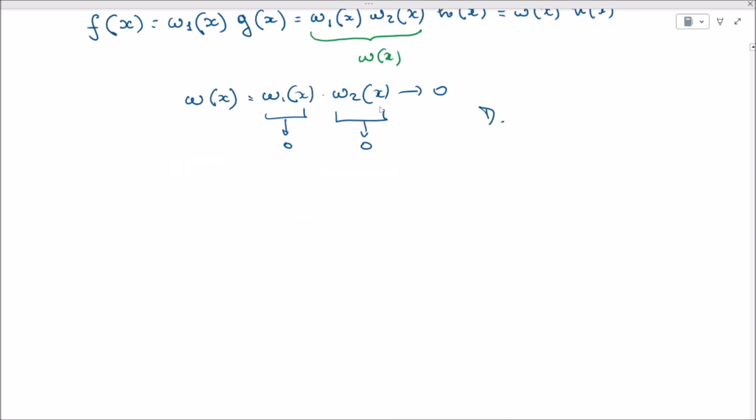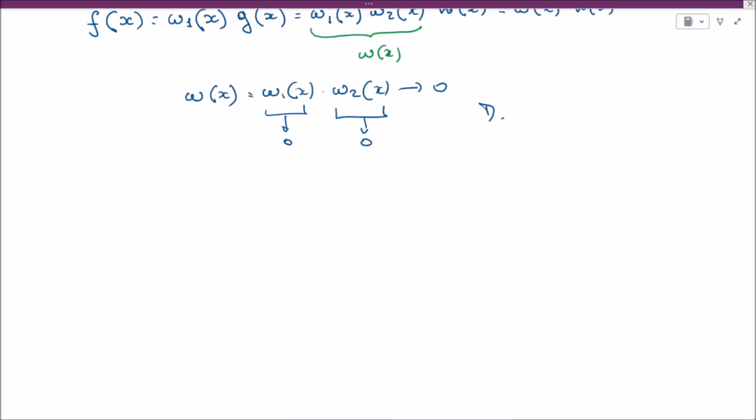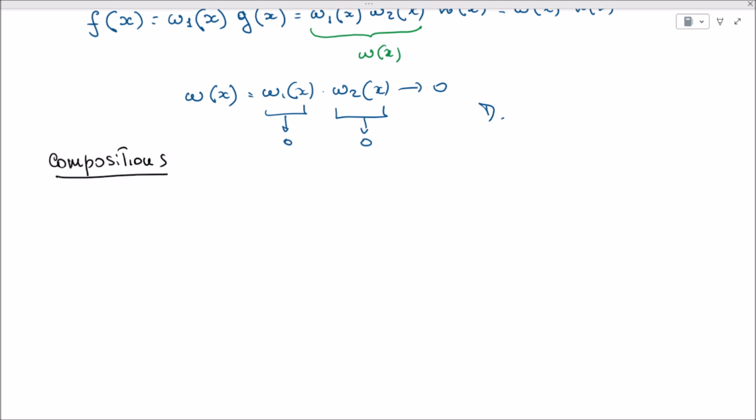Right, so let's now explore another aspect related with the infinitesimal, which is that of composition. Let's do compositions of functions, okay? So if f of x is little o of x for x that goes to 0, then let's see what happens if we would like to evaluate the function f not in x but in the arc tangent of x.